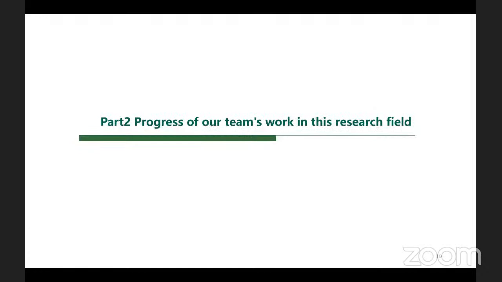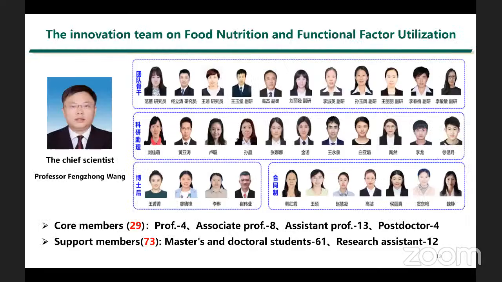Then I'll mainly introduce the progress of our team's work in this area. Our team focuses on food nutrition and functional factor utilization, and consists of over 100 staff, including core members, professors, assistant professors, postdoctors, and master and doctoral students.